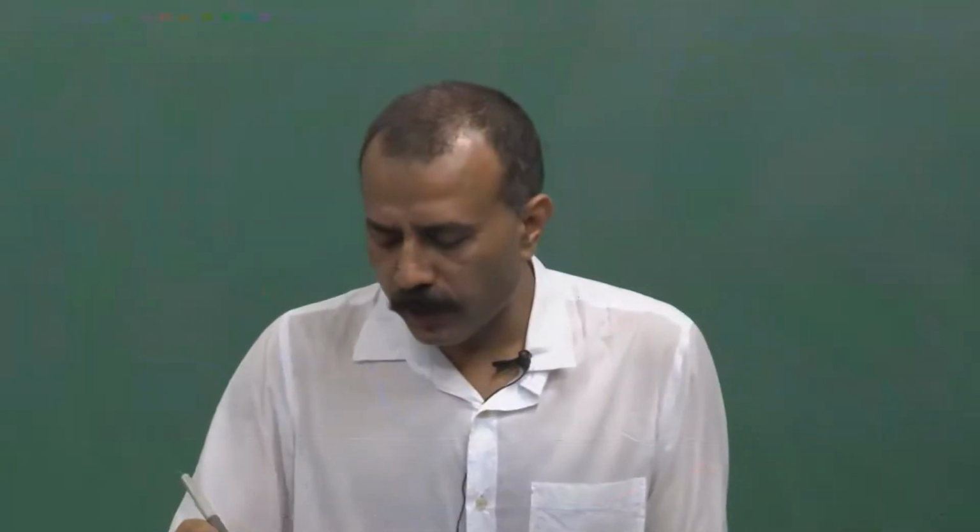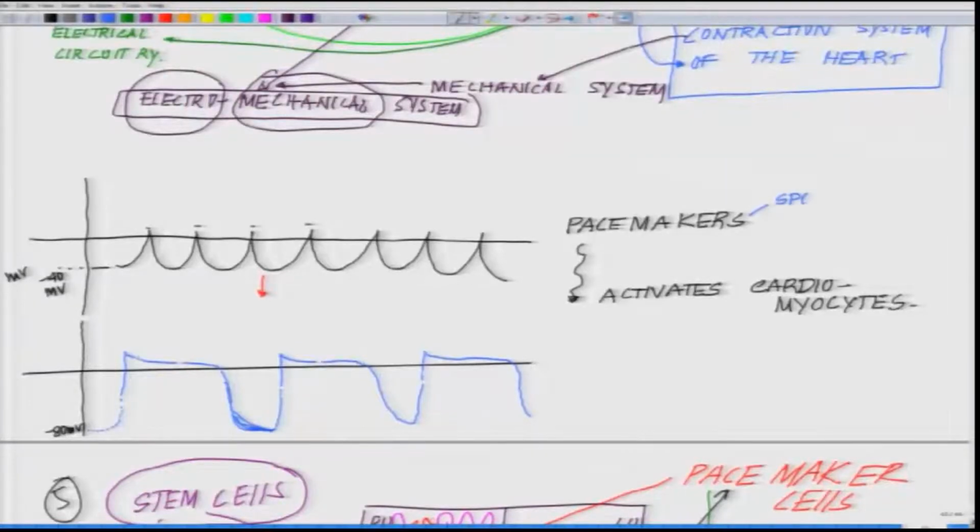So the pacemakers are spontaneous action potential generators. These activate the cardiomyocytes, which generate the action potentials in cardiomyocytes.